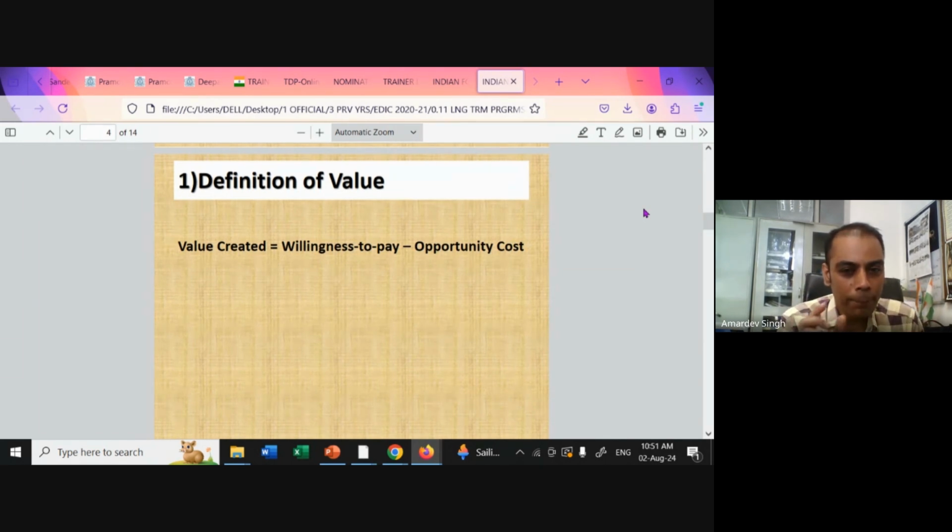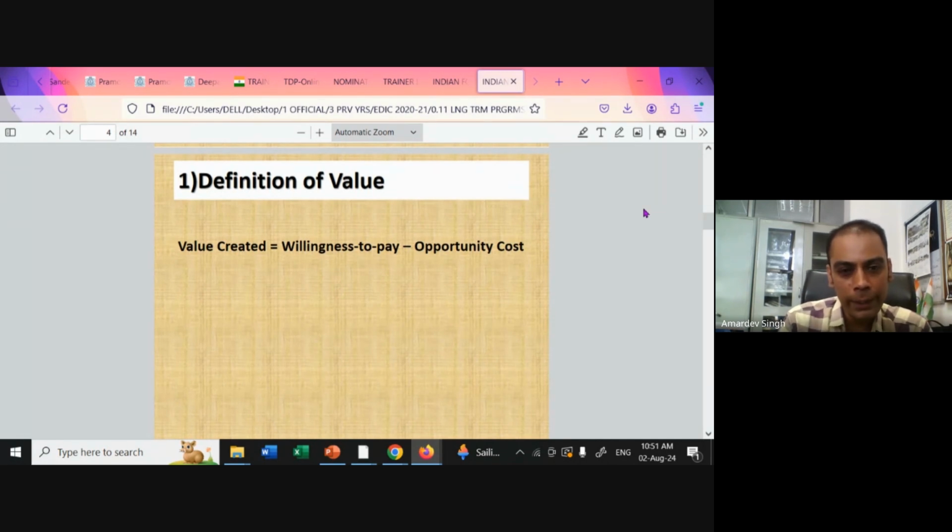So it means willingness to pay minus opportunity cost for option A, minus, in brackets, willingness to pay minus opportunity cost for choice B. You may keep any option as A and any option as B. But if the resultant value comes out to be positive, it means your option A is viable for you.